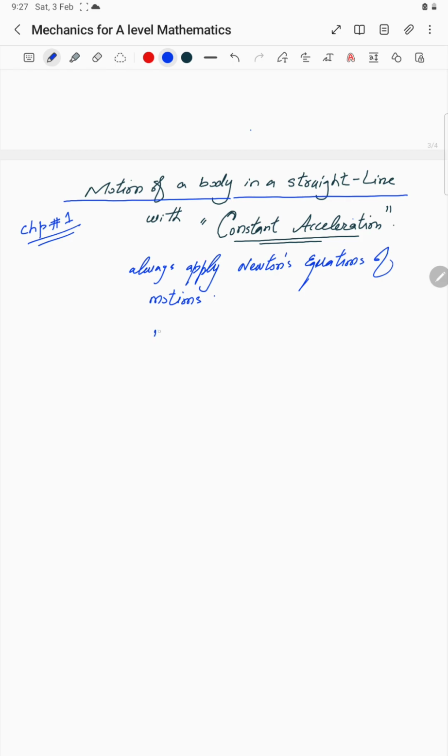Motions that are, number one, v is equal to u plus at. Number two, s is equal to ut plus half at square, or this can also be written in books as s is equal to vt minus half at square.